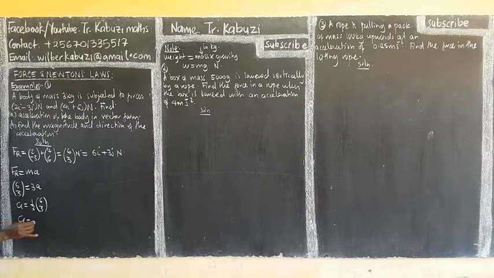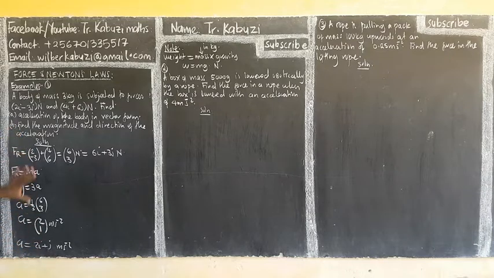Our a is going to be 2 and 1. These are in meters per second squared. Now, in vector form, our a will be 2i plus j meters per second squared.